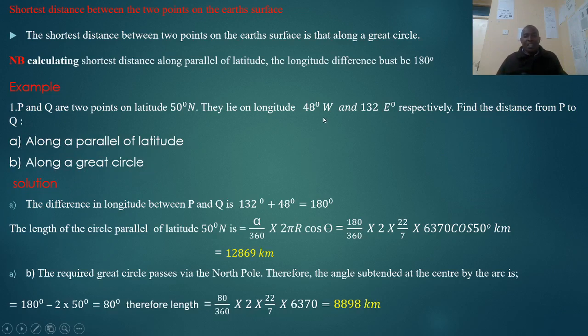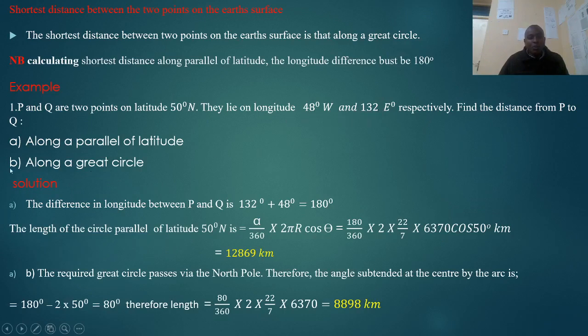Now, remember our longitude difference is 48 west and 132 east. Because they are west and east, you add. If you add the two, it gives you 180 degrees, like I said. So now that it's 180 degrees, you are able to do it.